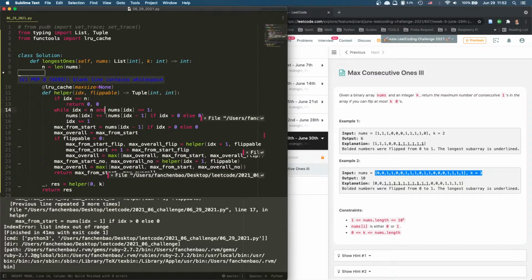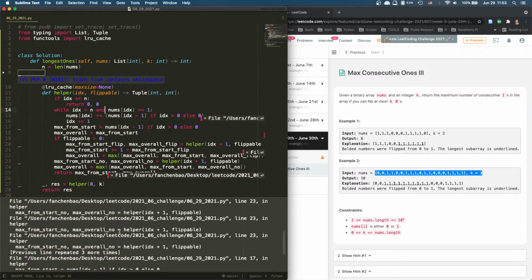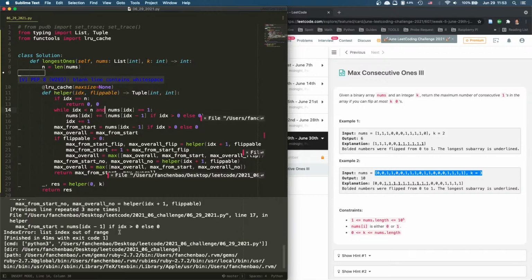Oh, still out of range. How is still out of range? Index plus 1, then it shall get out. That's weird. Max from start equals.